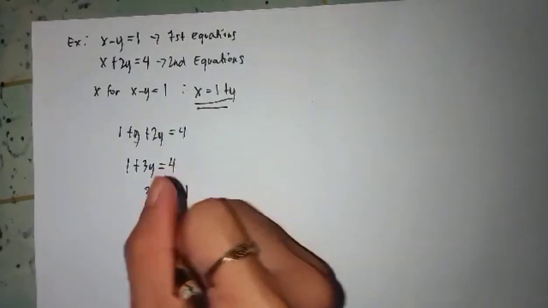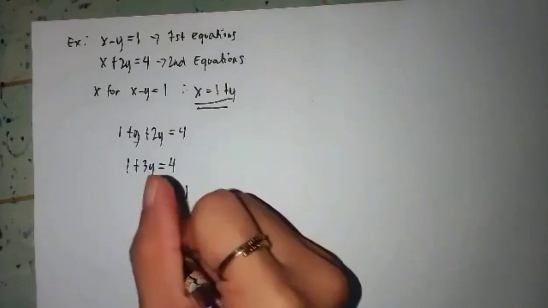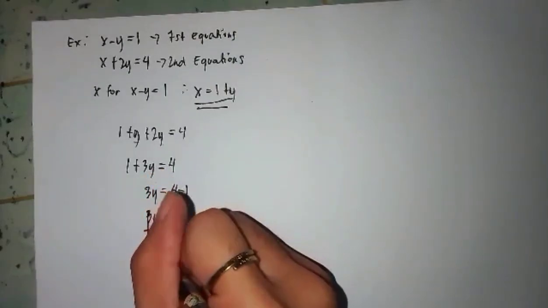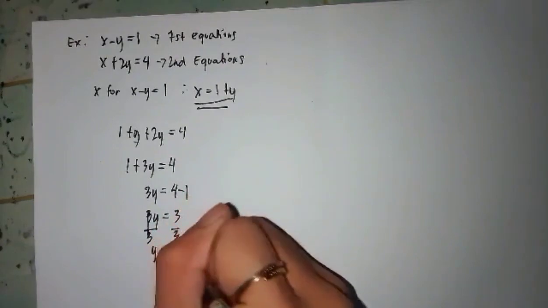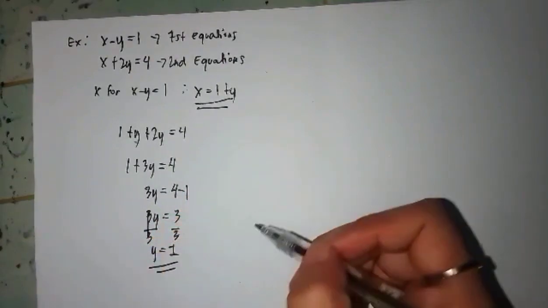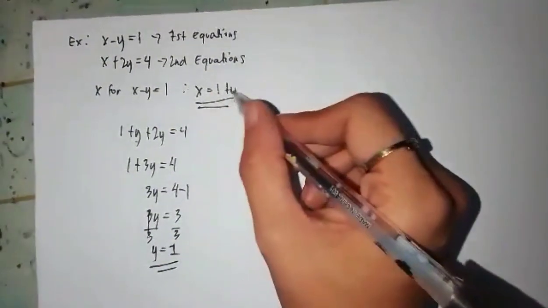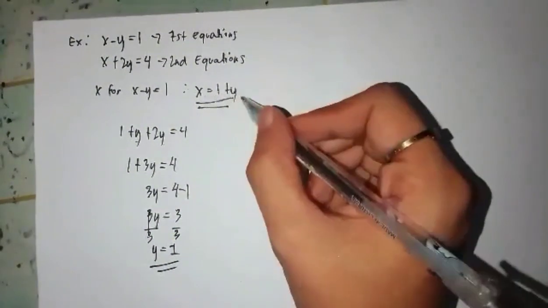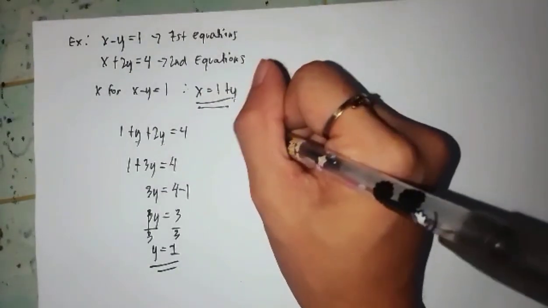Then divide both sides by 3. This will cancel, so y is what we are looking for here, and 3 divided by 3 is 1. So y is 1. The next step is to find x.